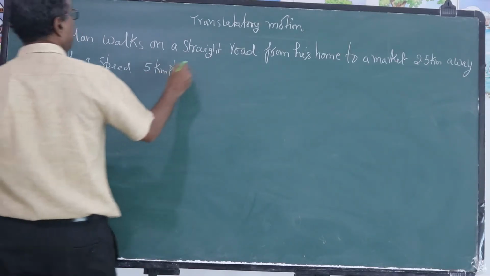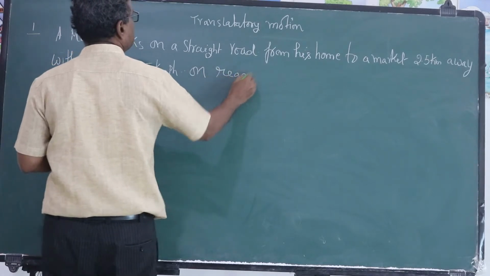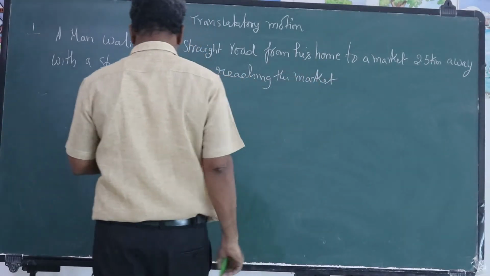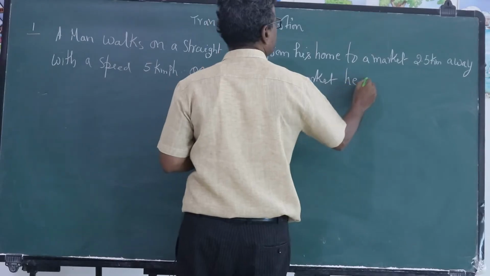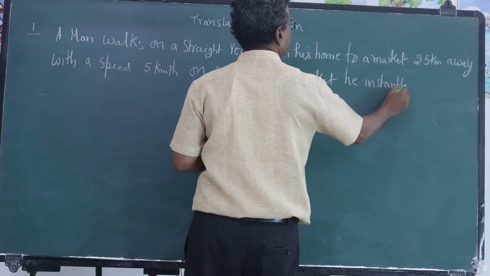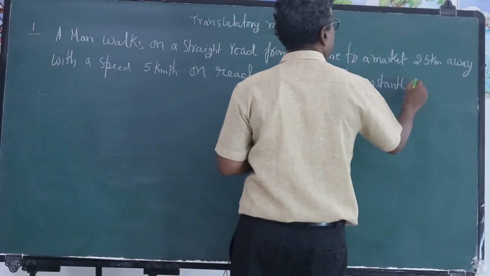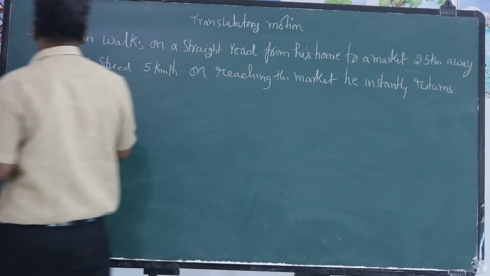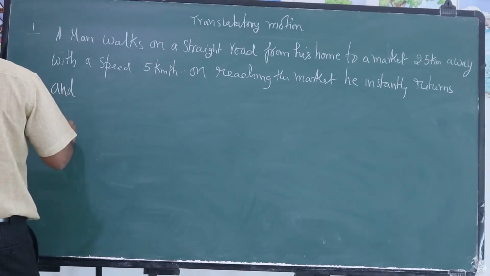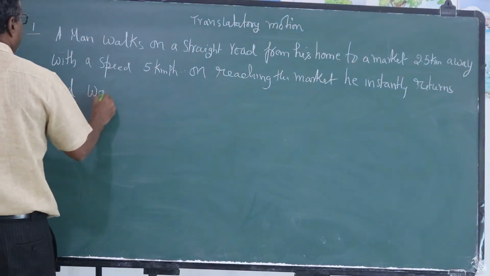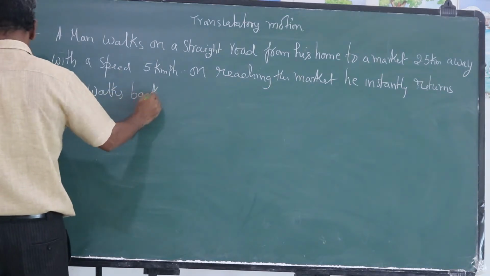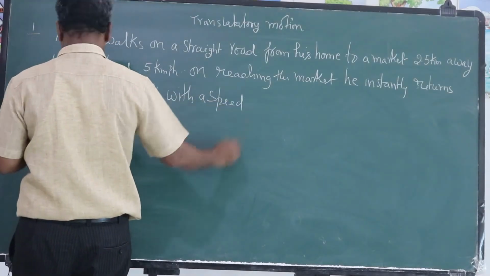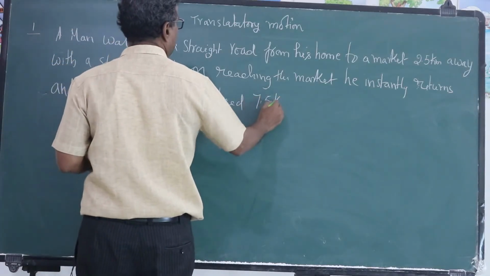On reaching the market, he instantly returns and walks back with a speed of 7.5 kilometers per hour.